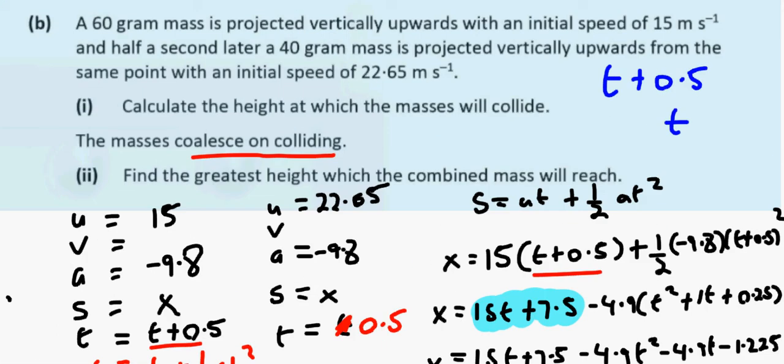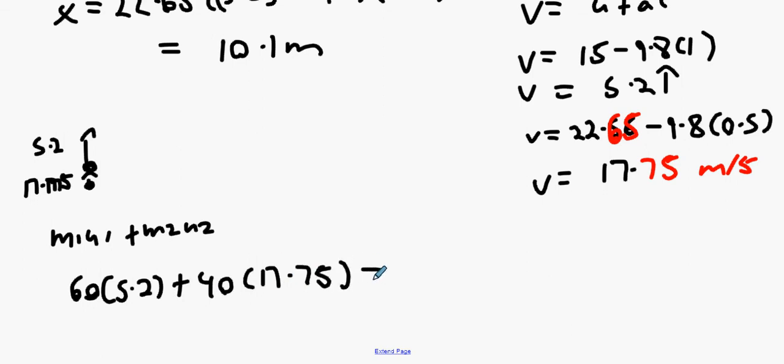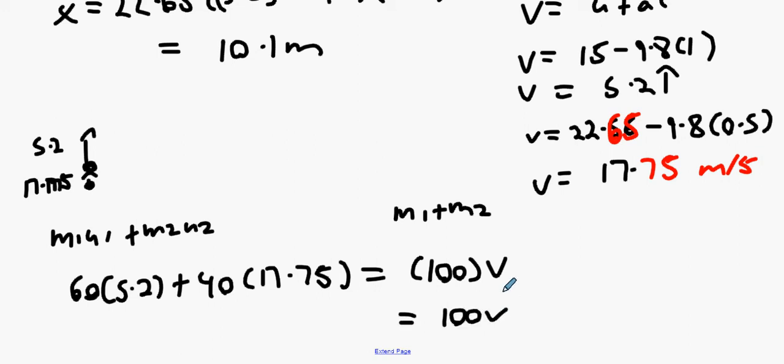And the other one? 60 and 40, right? 60 times 5.2 plus 40 times 17.75. They combine together, so what's both their masses combined? They combine into 100 grams and have an unknown speed v. So it's going to be 100 v equals the two of them combined.